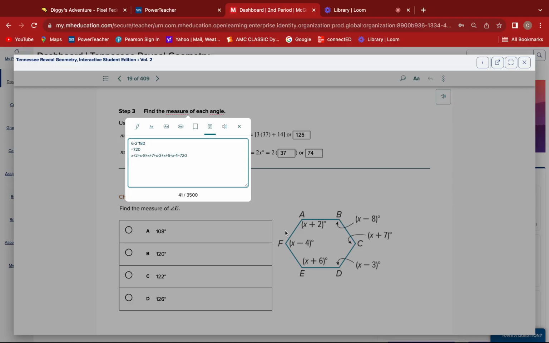Like terms. All right, so I'm going to add 1x, 1x, 1x, 1x, 1x, and 1x. All right, so 1, 2, 3, 4, 5, 6. I've got 6 x's.